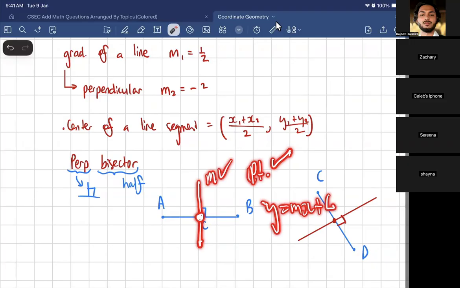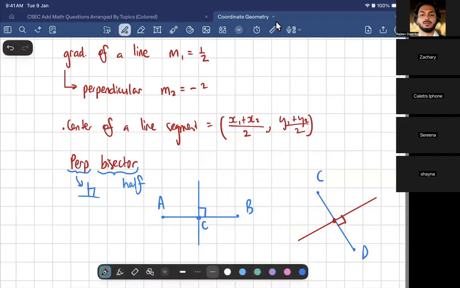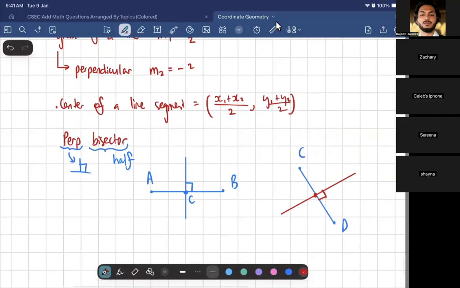If I have the gradient, I have m. If I have a point, what values do I know? x and y. So then you find for c. Once you find c, you could write the final answer: y is equal to some value of m times x plus whatever c was. Cool. So that's how you find the equation of the perpendicular bisector.